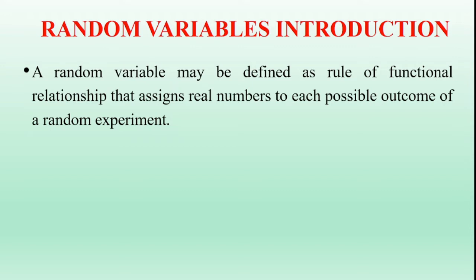The practical example of the random variable is, consider an experiment of a car race. In this particular experiment, the desired outcome is the name of the person who is winning the race.